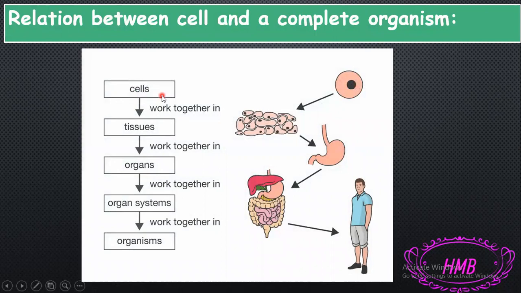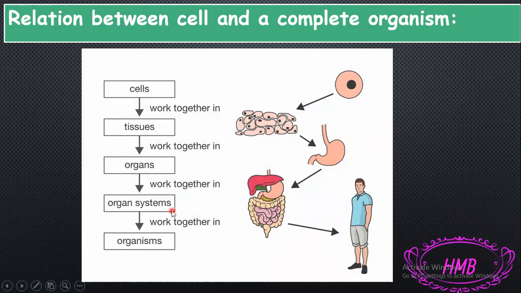They are cells. When they work together and they are similar and joined together, they give me tissue. When these tissues work with other different tissues, they make an organ. When different organs work together to do one common job, they form a system, or we can say organ system.